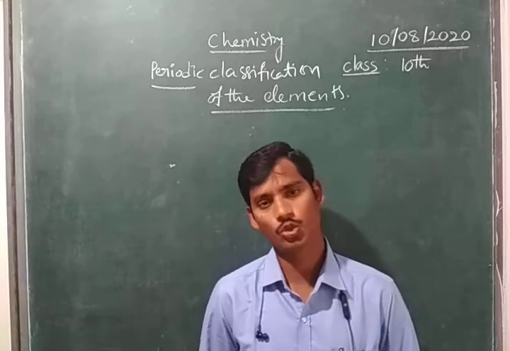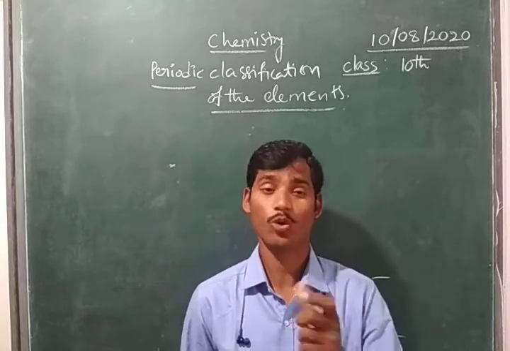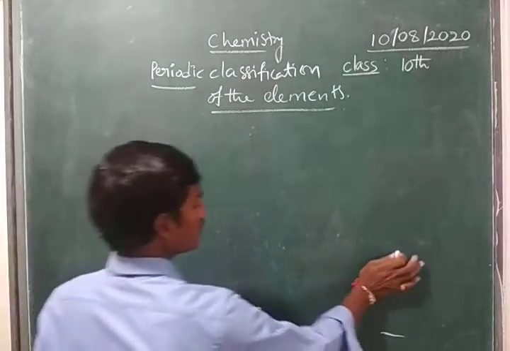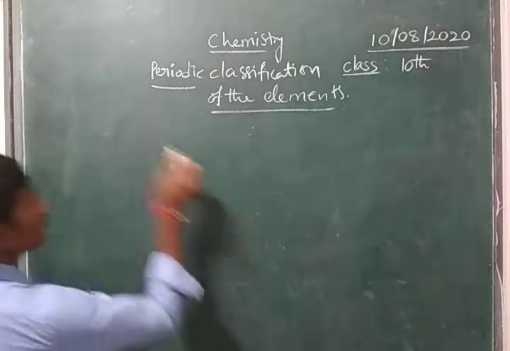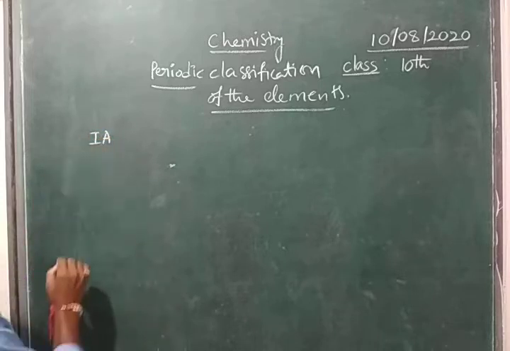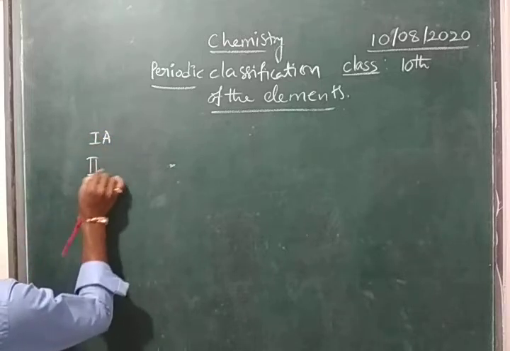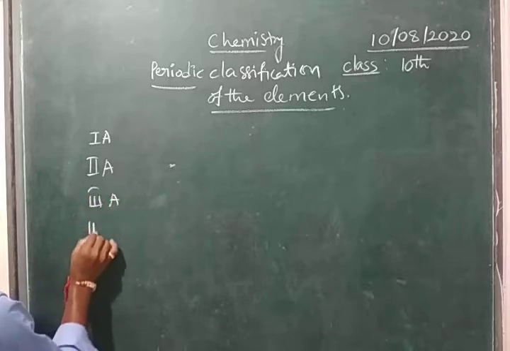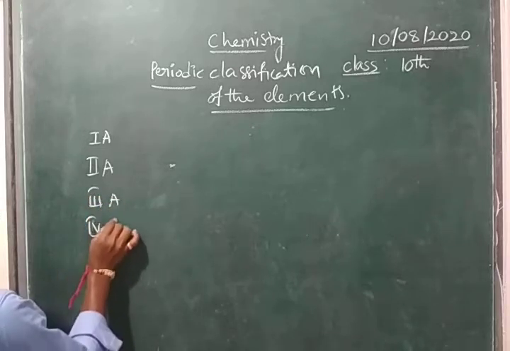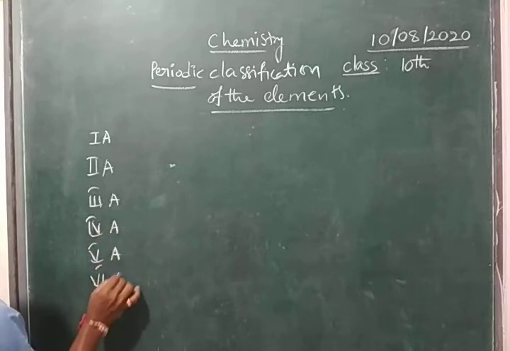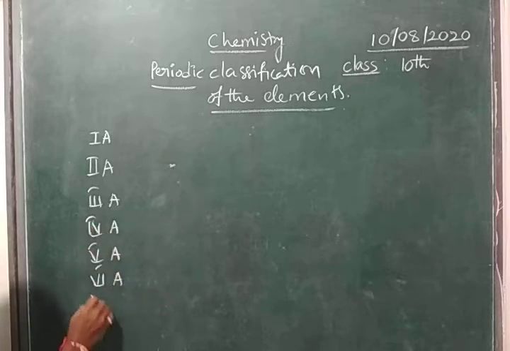See here, first A group is represented with Roman numerals, children. Here we consider first A group elements, second A, third A, fourth A, fifth A, sixth A, seventh A and eighth A group.